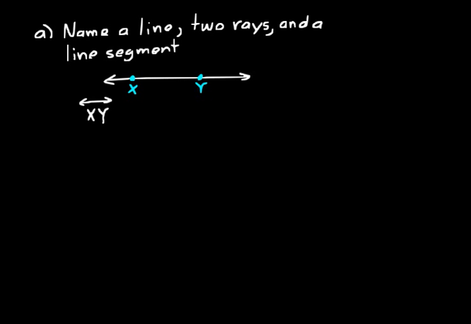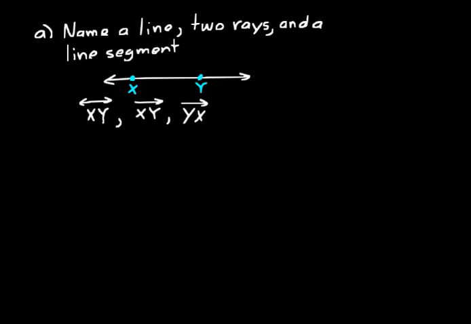And then 2 rays that you could draw from this are ray XY and also ray YX. And notice the arrow on that ray YX, it's over the X, so basically I'm going from the Y to the X. If you're going in that direction, then the arrow goes that way.